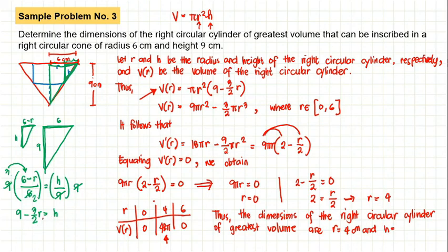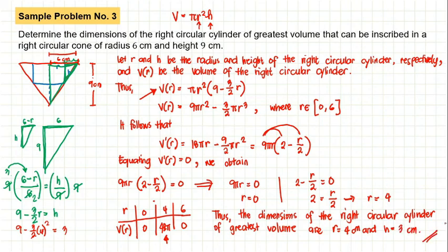You substitute r equal to 4, so that will become 9 minus 3 halves times 4. And that is just 9 minus 6, which is 3. And that is 3 centimeters.